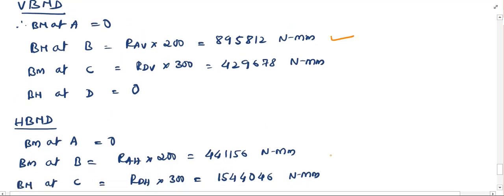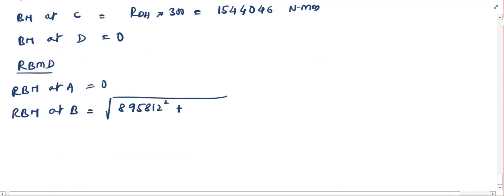So these two values need to be considered, squared, and the square root taken. 895.812 square plus 441156 square, and that will be 998548 Newton mm.